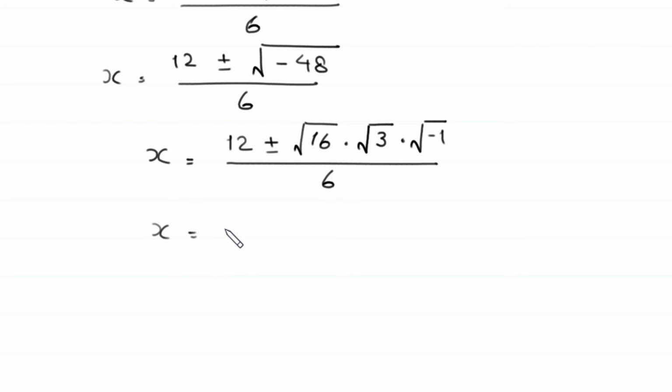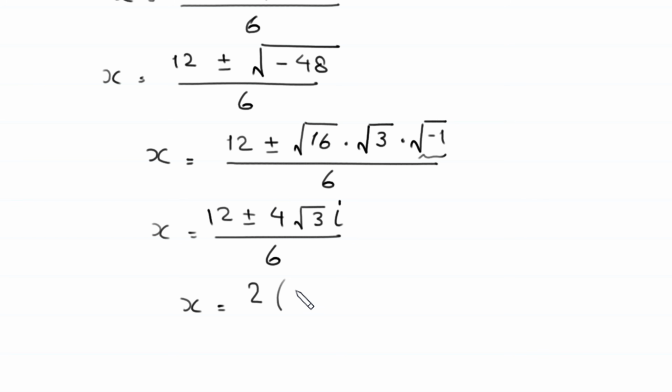Next, x is equal to 12 plus minus this square root of 16 is 4 times square root of 3, and this square root of negative 1 is i divided by 6. Next, x is equal to, from the numerator we can factor out 2 as common factor, and in bracket we have 6 plus minus 2 times root 3i divided by 6.